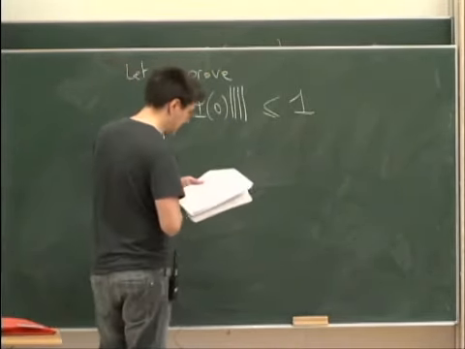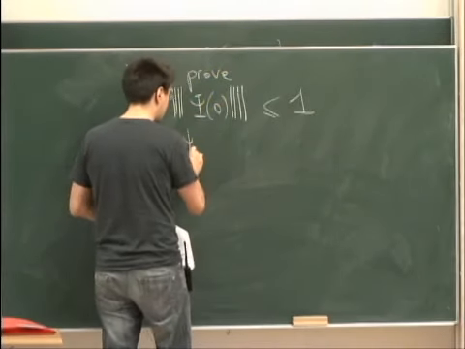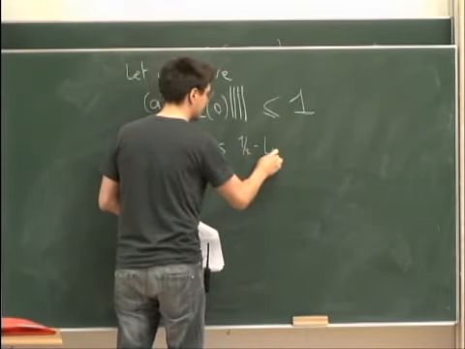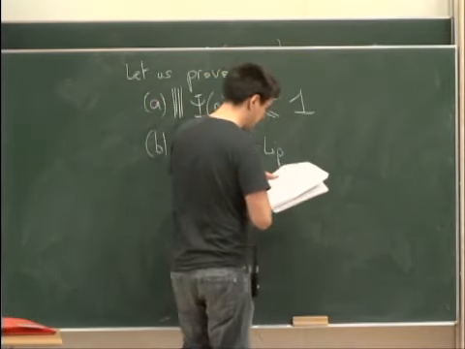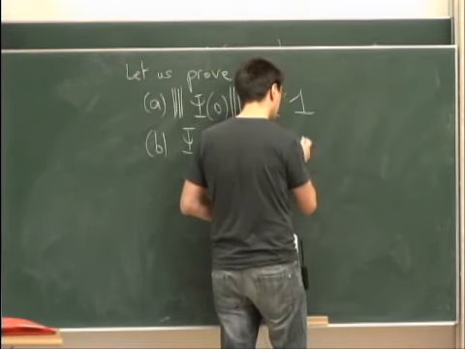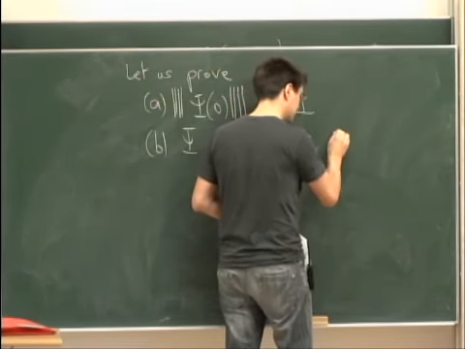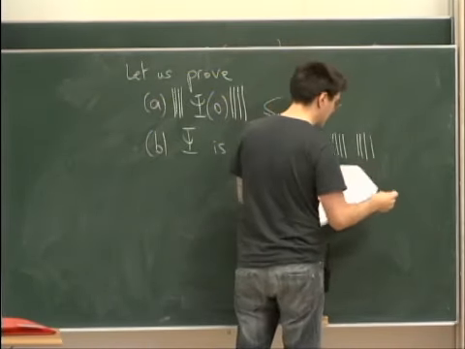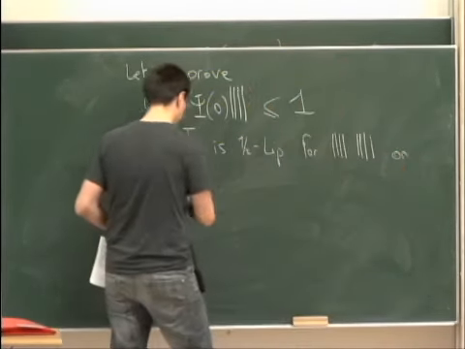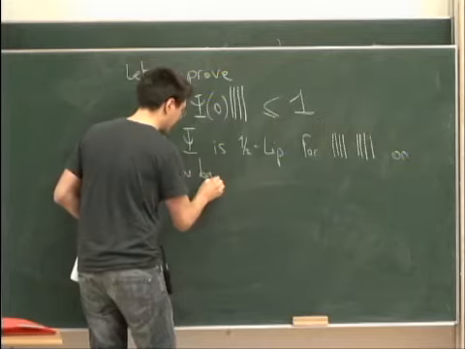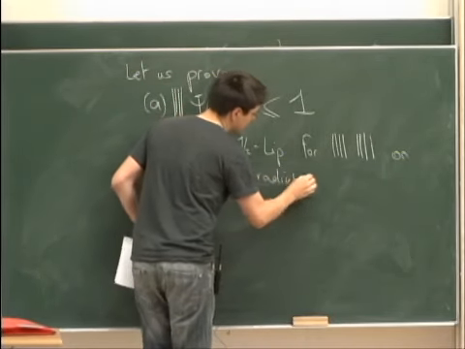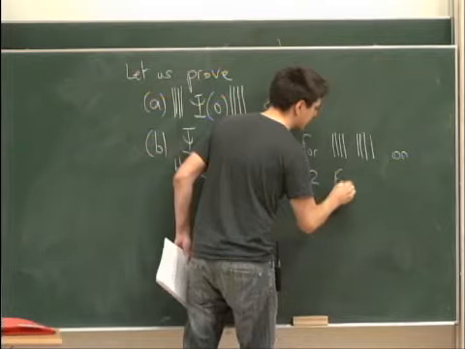And then we show that psi for this norm is 1/2 Lipschitz for this norm on the ball of radius 2. Still for this norm.